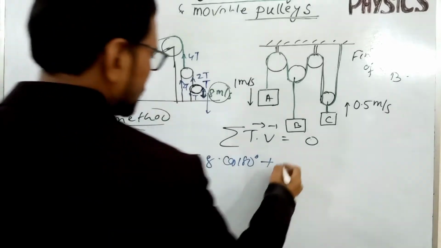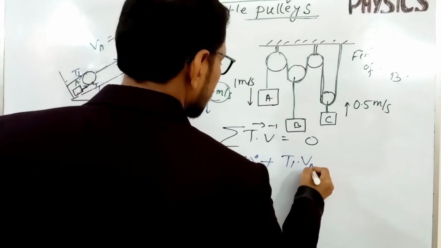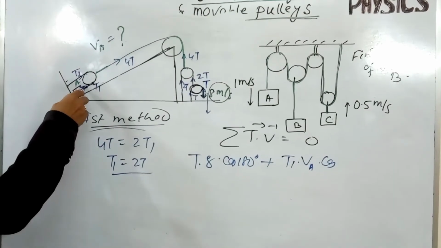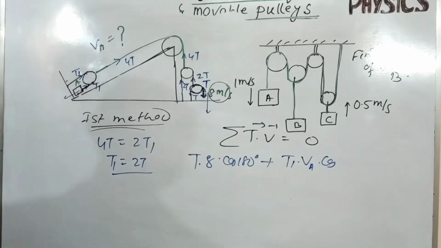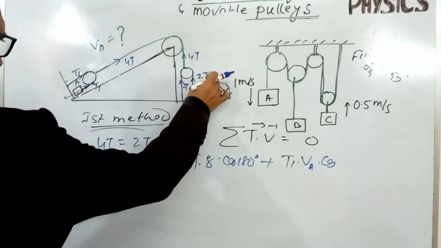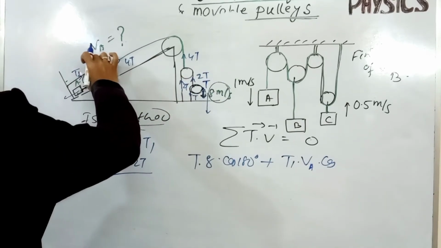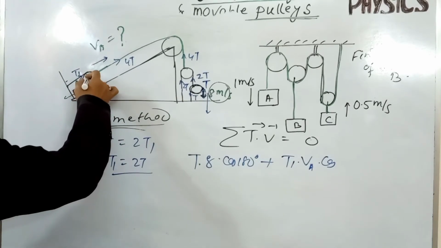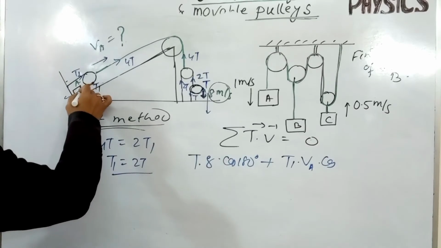So here T1 into VA into cos. What is the tension and velocity? Suppose this is tension, this is velocity VA. So if the string is pulled downward, then this pulley will move upward. If the pulley moves upward, then this block moves upward.